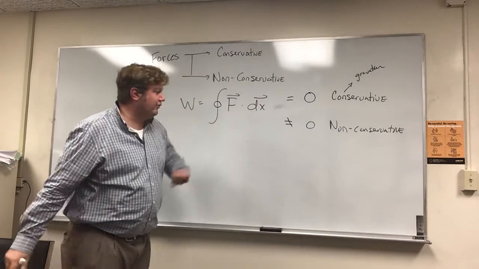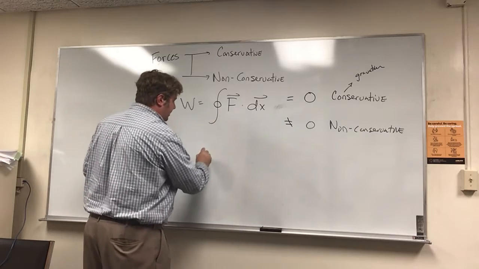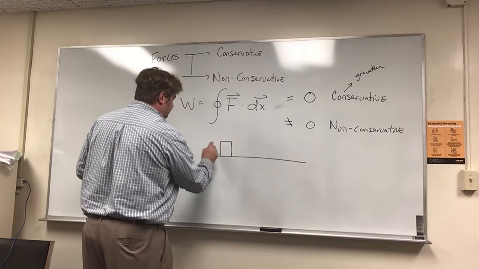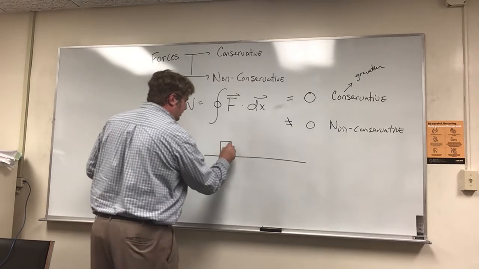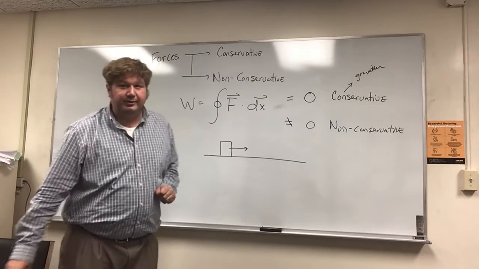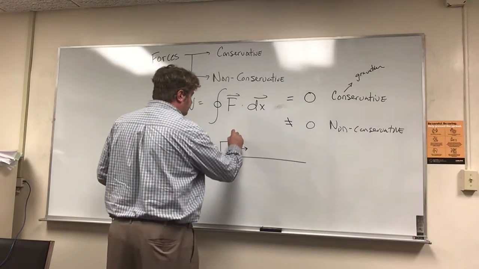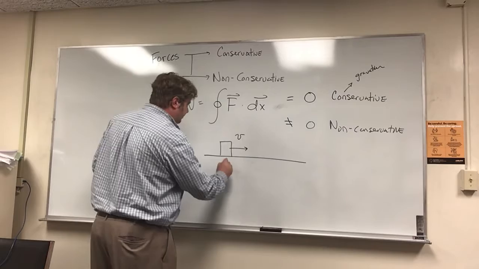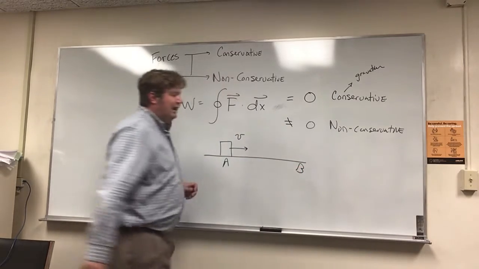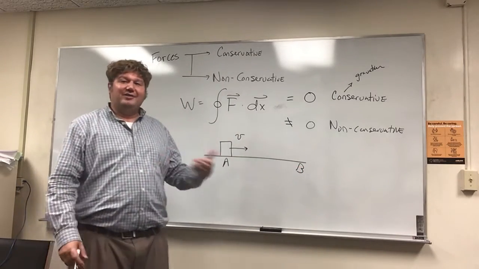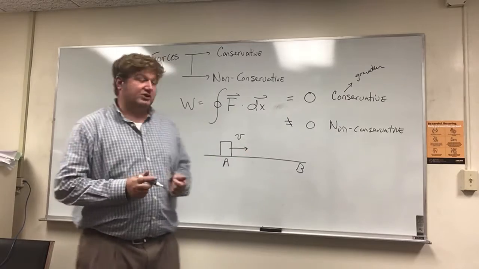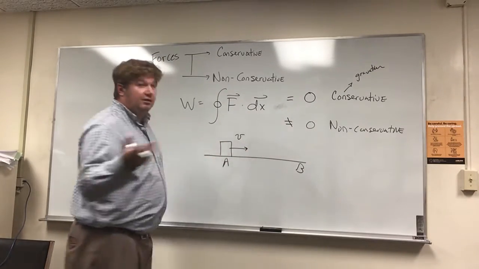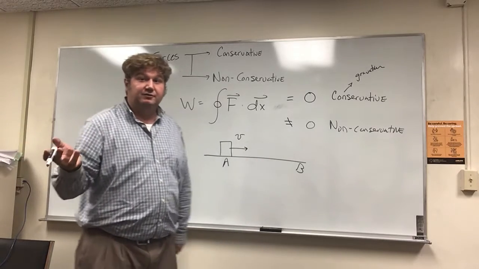Okay, so now let's look at a non-conservative example. Imagine I have a block, and it is moving in the following direction. It goes from point A to point B, and I ask, while it's going, what's going on with the friction? If it's sliding along here, then there's a coefficient of kinetic friction.